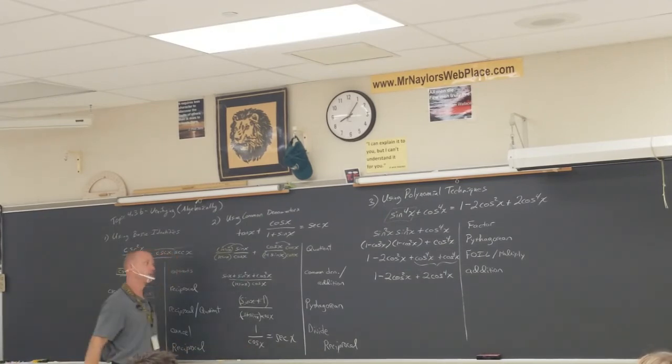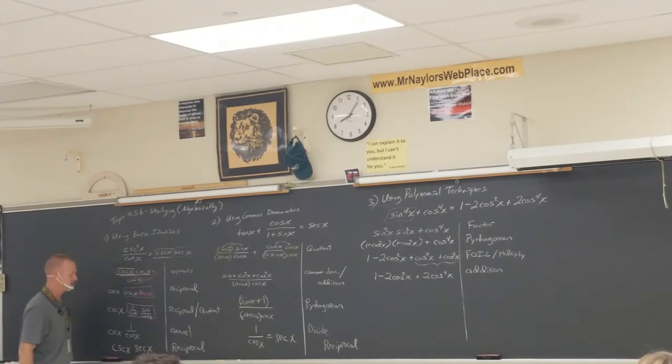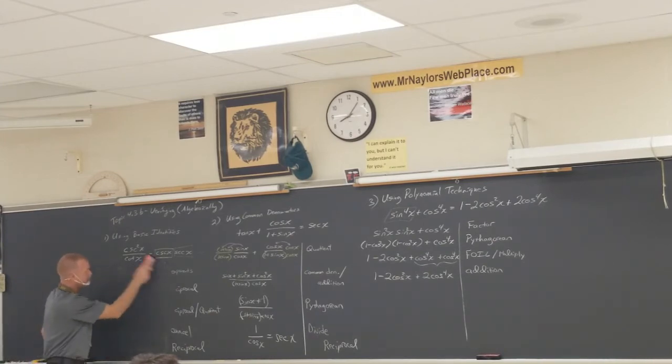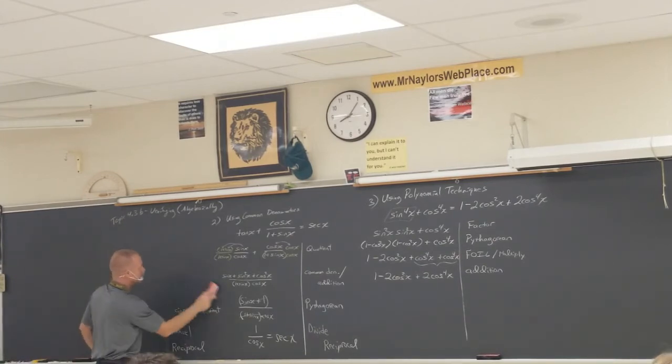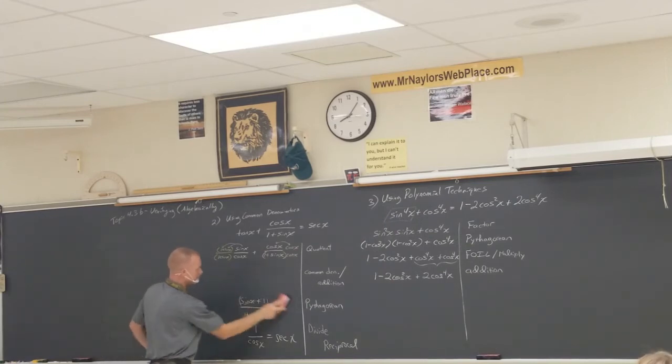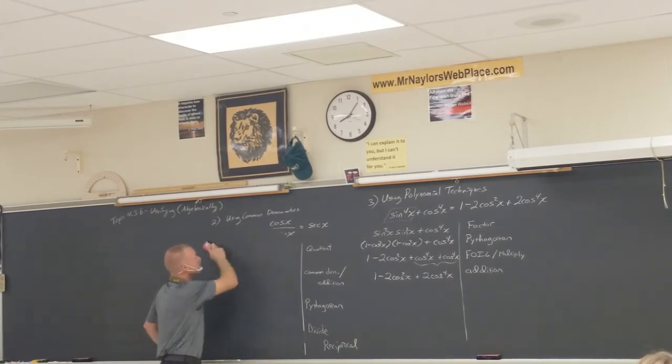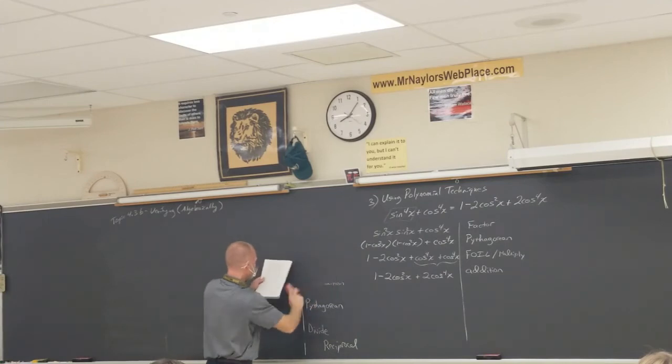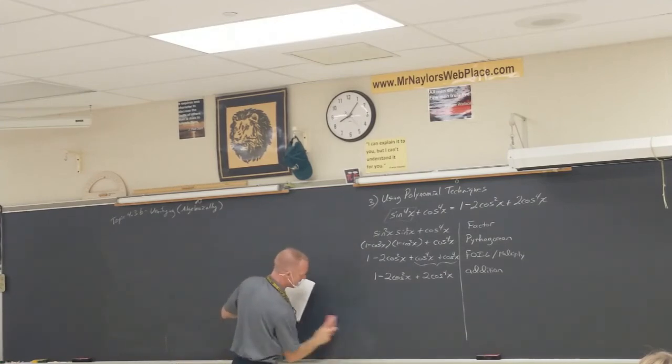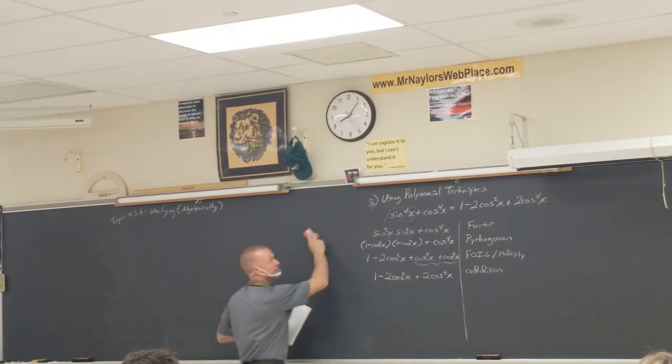Okay, which leads us to our last one. It's kind of the big kahuna proof here. So I'm going to get rid of all this wonderful math. The category for this one, quite frankly, is that it uses a combination of tricks.